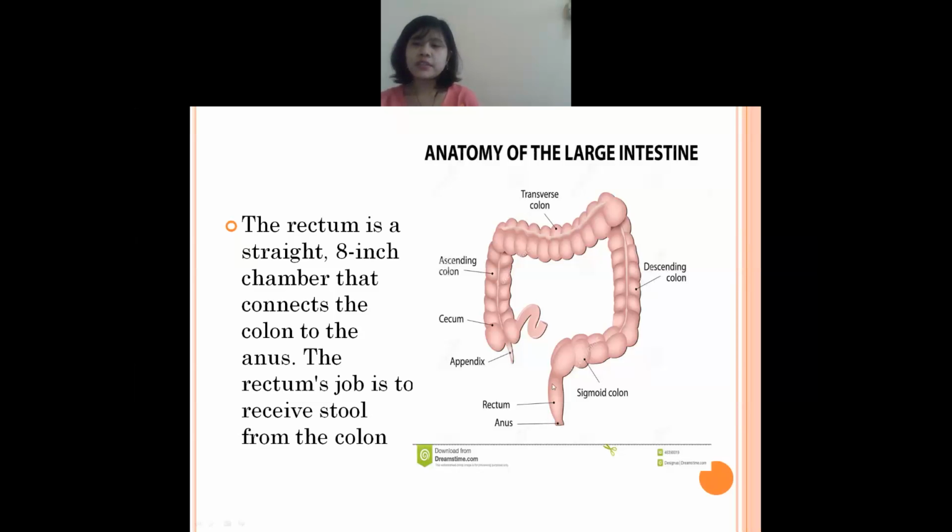And what is the function of the rectum? They will receive stool, which is coming from this side, and they will pass it into the anus, and finally here stool comes out. So this is about rectum.